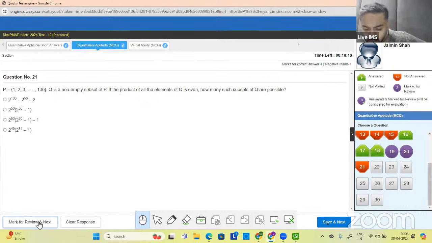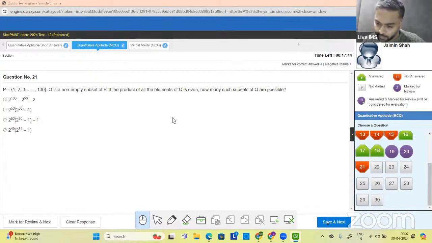Okay, this is Q is a non-empty subset of P if product of all the elements of Q is even. How many subsets of Q are possible? Okay, this is, so basically subtraction दिया हुआ है, which means we will do total. हाँ, so product of all is even.